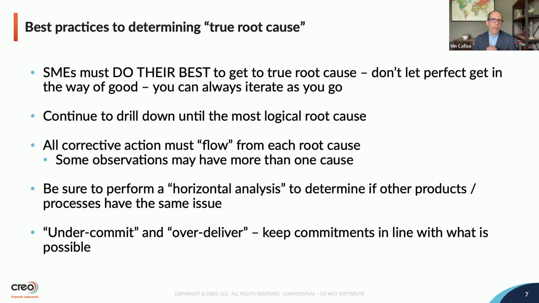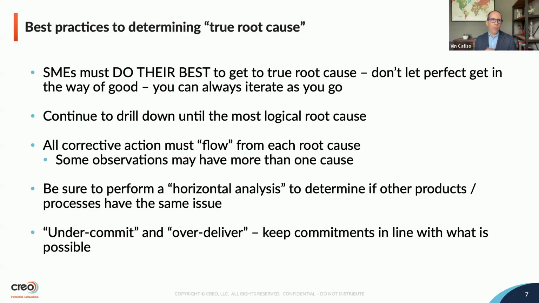It could be that they issued a 483 on something that you happen to know may actually be a bigger issue than what they cited you for, where they could have gotten even more critical in terms of what the 483 included. But this is your chance to drill down and really get to the most logical root cause.